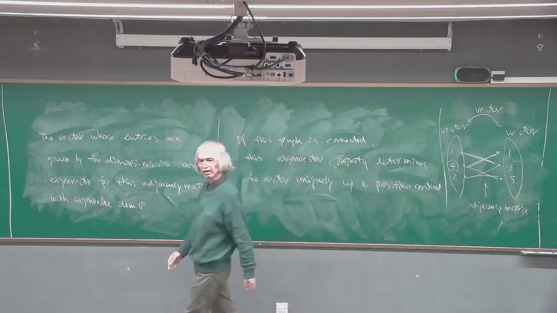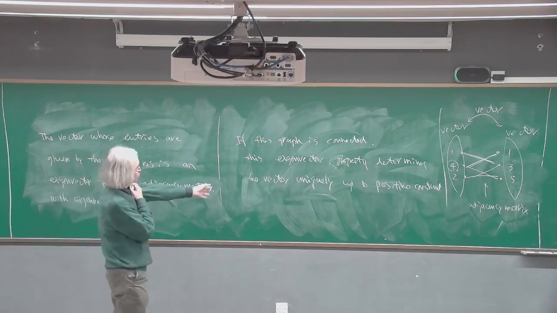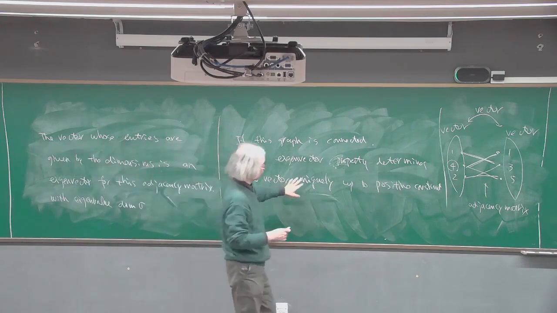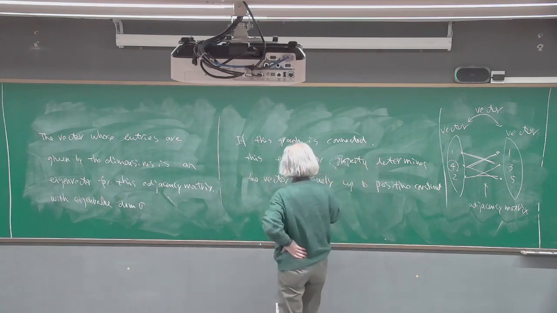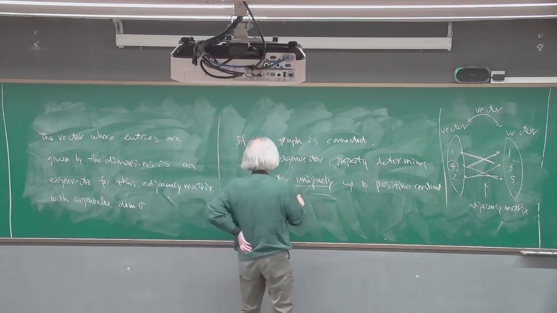Of course, we can multiply by some positive number and we still get an eigenvector. And actually, here I also omitted one important thing, because we have this uniqueness because of positivity of entries.